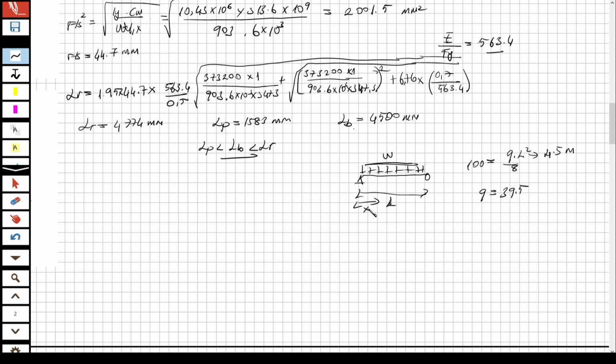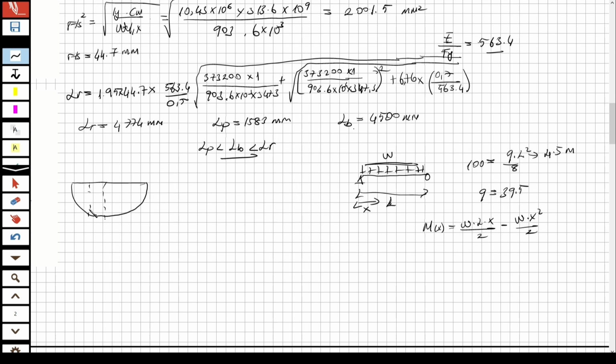So now, how to determine the moment at x distance? Moment at x equals w multiplied by L multiplied by x over 2 minus w multiplied by x squared over 2. The formula is this one. So now, for example, this is the moment diagram, and this is the midpoint of the beam.